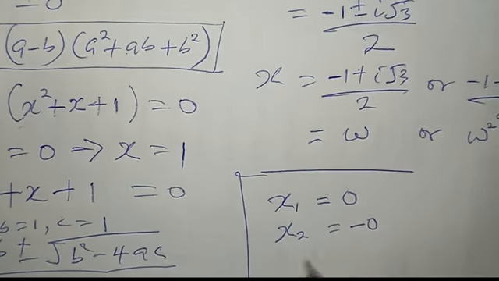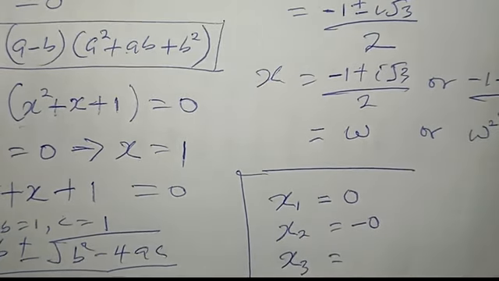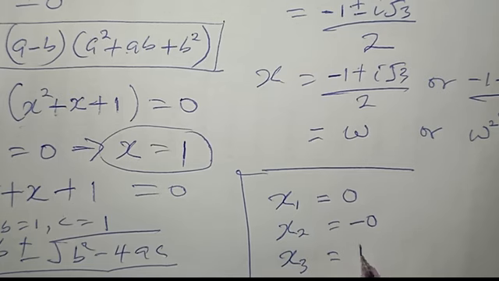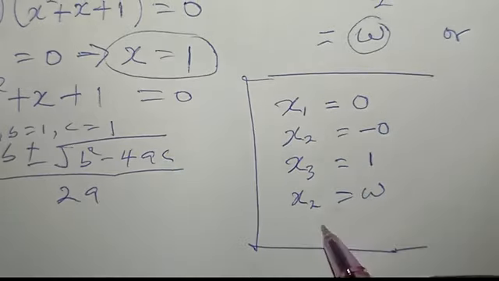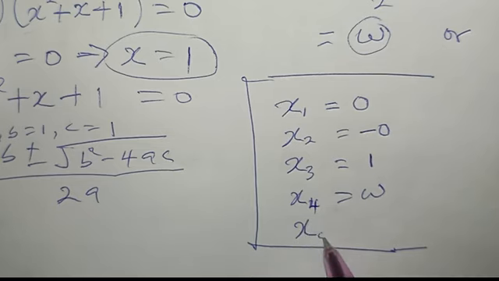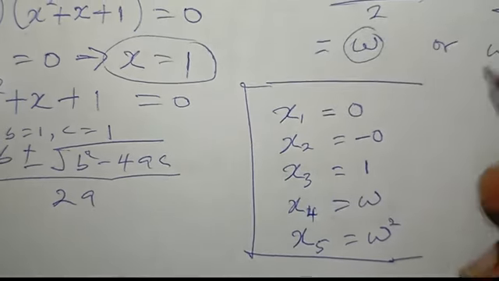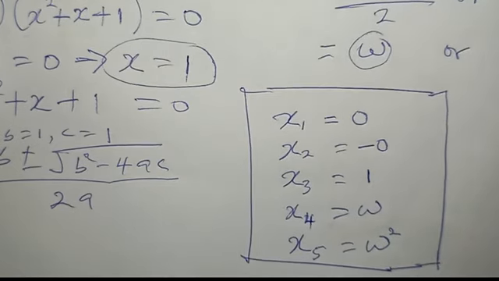Okay, and then of course x3 is equal to this one we got over here, which is equal to 1, and then our x4 will give us this omega right here. Okay, and then this is x4, and finally x5 is going to give us omega squared. So these are the values of x that satisfy this question we are solving.